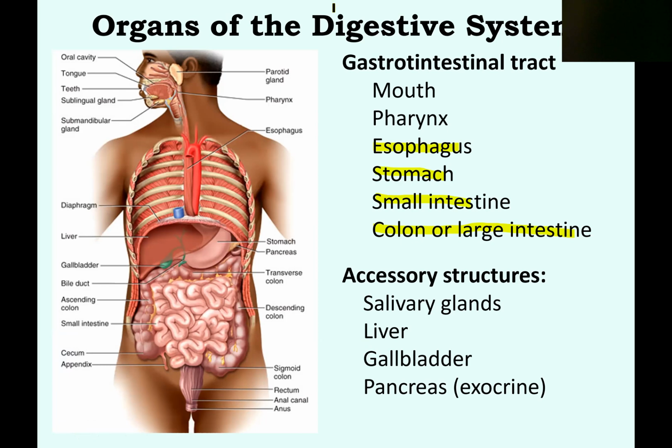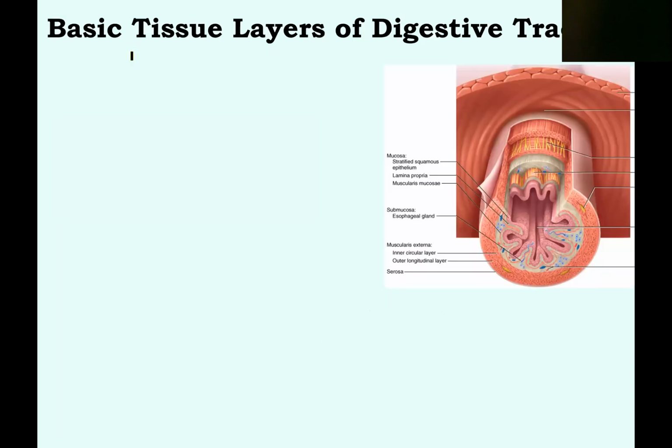And so we're going to see a basic tissue arrangement. When we cover those, we'll go over the distinct or unique characteristics. But for now, the 4 basic tissue layers for the esophagus, the stomach, and the 2 intestines.